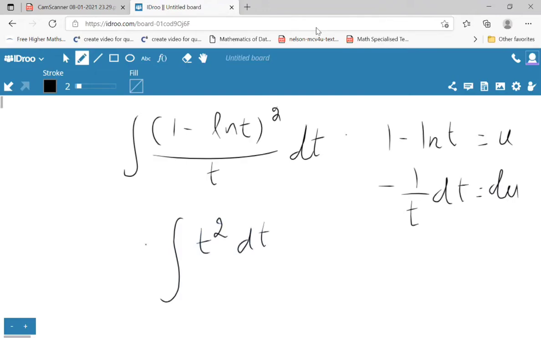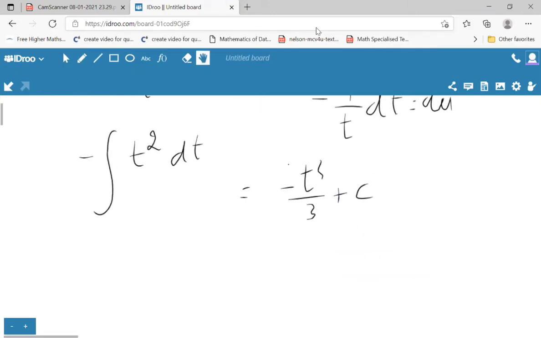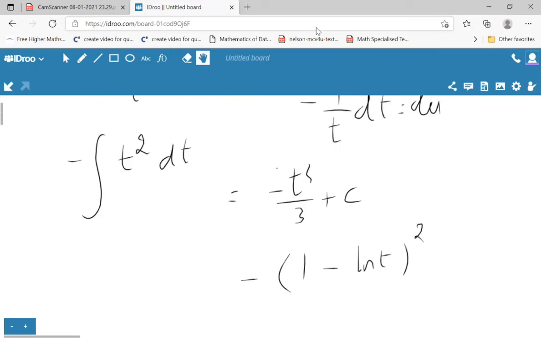You have a minus symbol, so let me take the negative symbol outside. So that gives you minus of u cubed by 3 plus c. Substitute back for u, you get it as minus of 1 minus ln t the whole cube by 3.